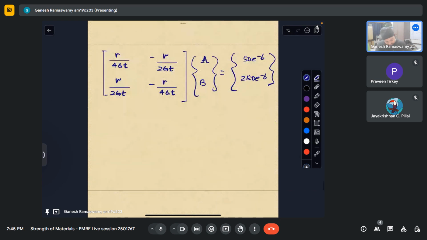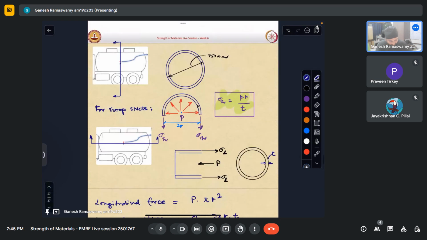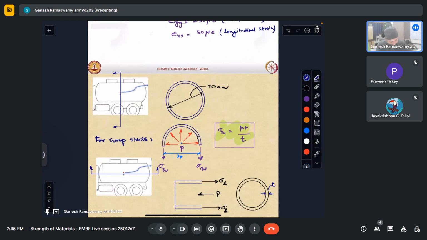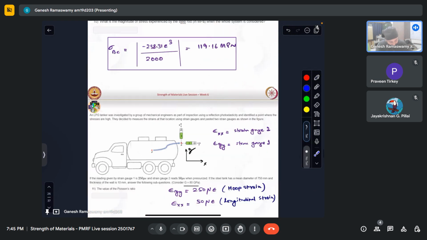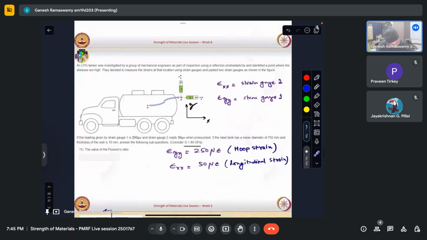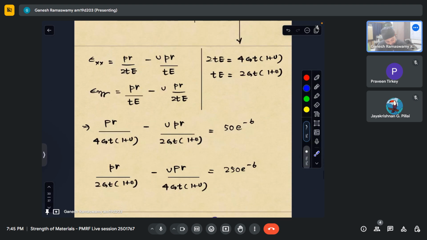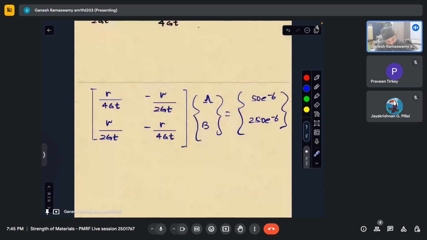R is, so this is 2 times R, and in the question the mean diameter is given to be 750. So R is essentially 750 by 2, which is 375 mm. G is given to be 80 GPa.